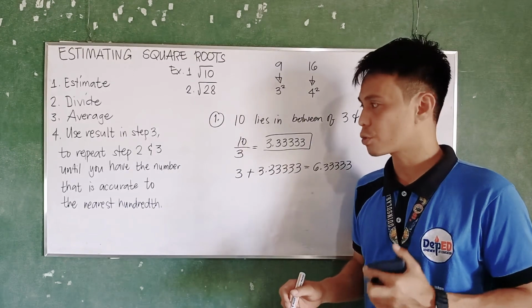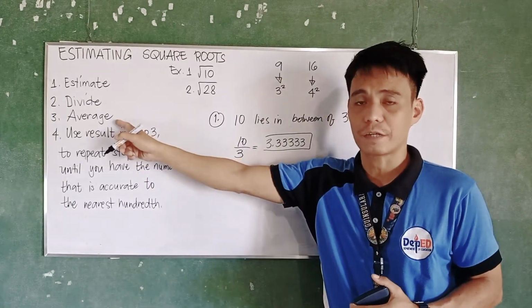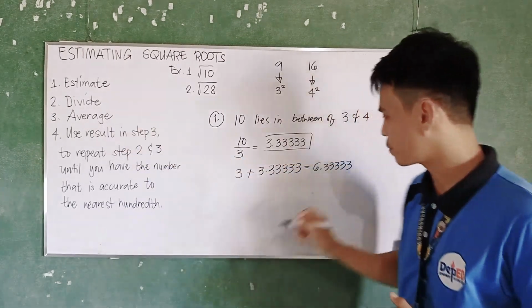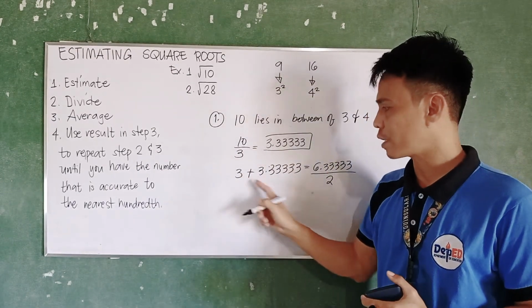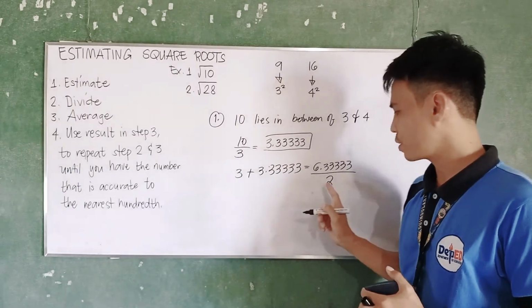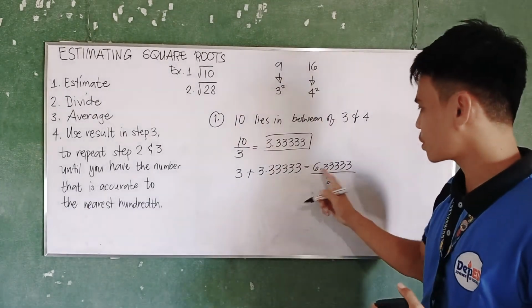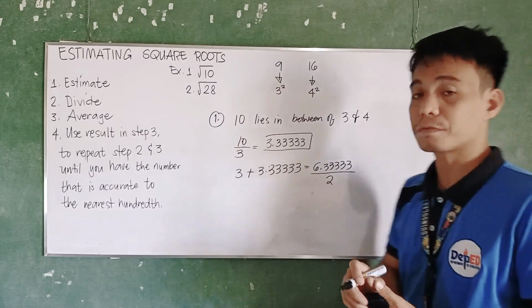And susunod na gagawin is, we're after the average. Now, average ang hinahanap natin. So therefore, i-divide natin siya sa 2. Bakit 2? Kasi dalawa yung term na in-add natin, because we're getting the average. So therefore, 6.3333 over 2.